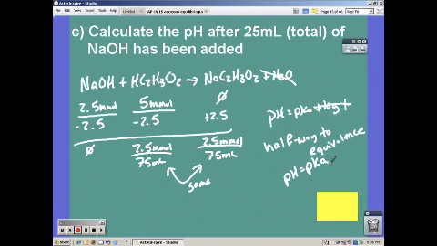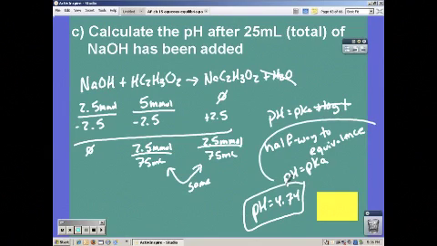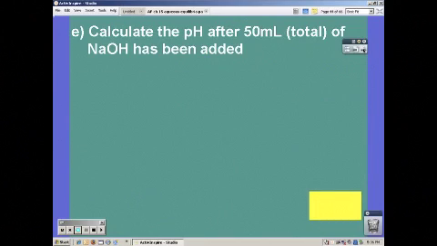So our pH is our pKa, which is 4.74. So make sure you remember halfway to equivalence, pH equals pKa.